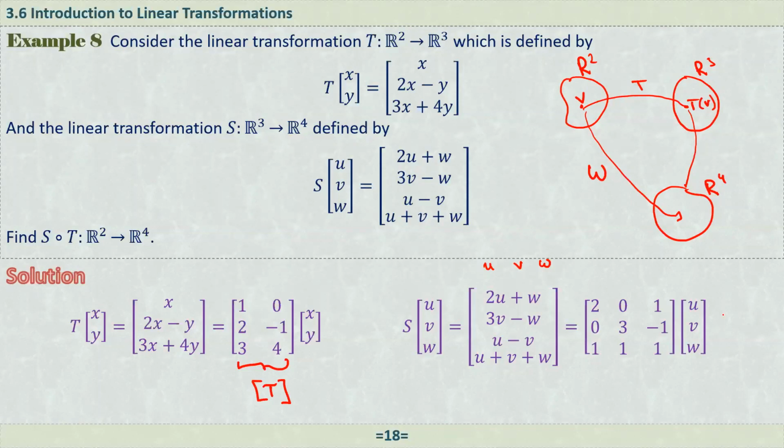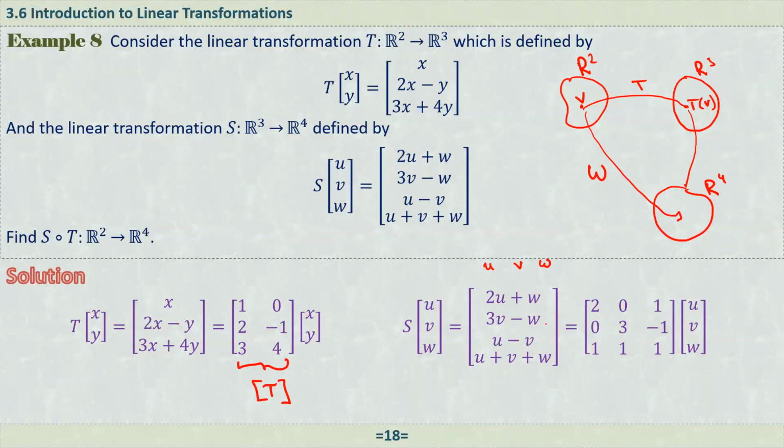Actually, this output is a 4 by 1 matrix and the input is 3 by 1, so something is missing.